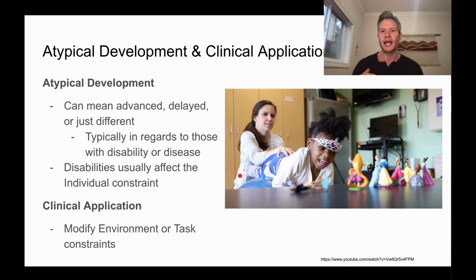Well, you change the task in a way where this child must go through parts of back extension to roll forward on the stability ball and try to reach for these Disney princesses figurines. It's causing reaching, extension, back extension. So we can see how we're changing the task to make it more enjoyable to get the motor outcome that we're looking for. So that's a clinical application of that.